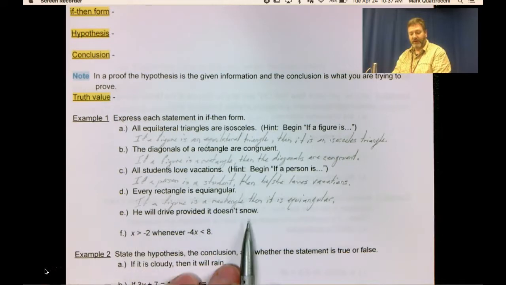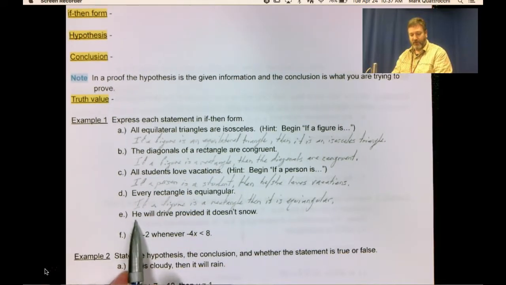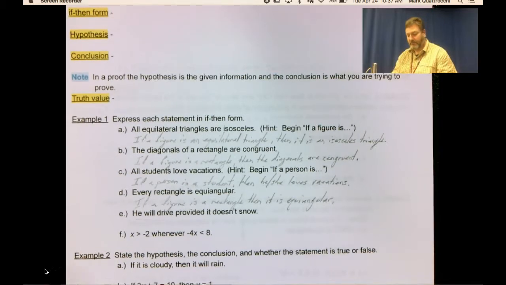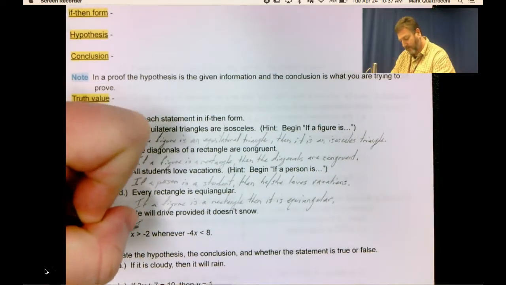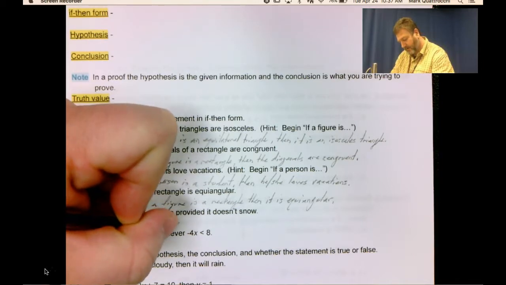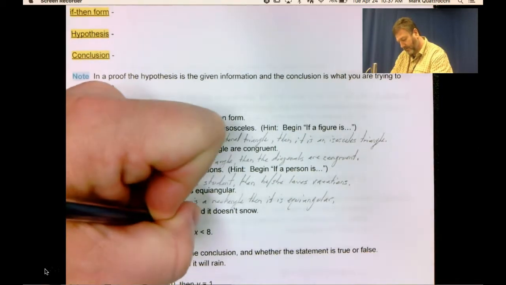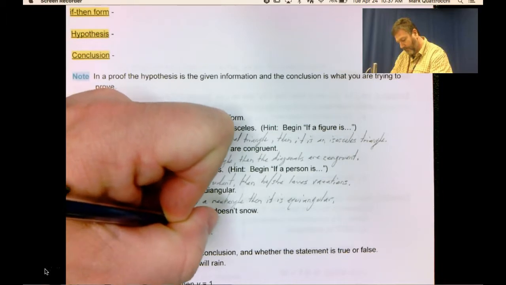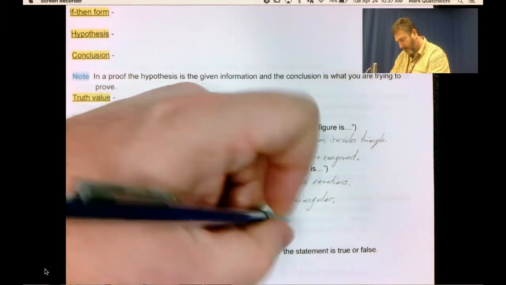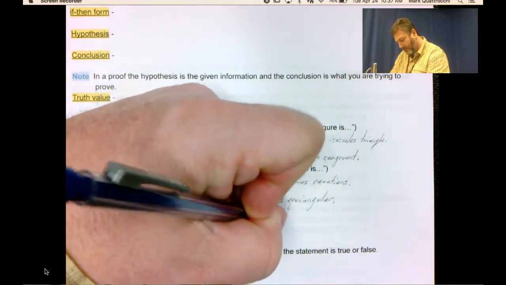The conclusion here is he will drive, provided it doesn't snow. So, if it doesn't snow, then he will drive.